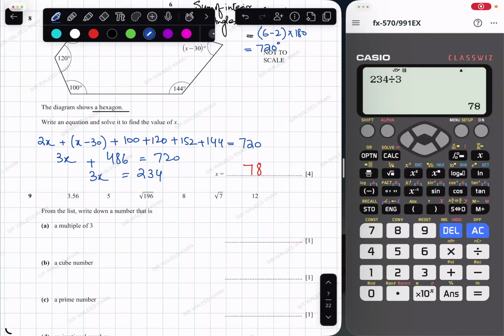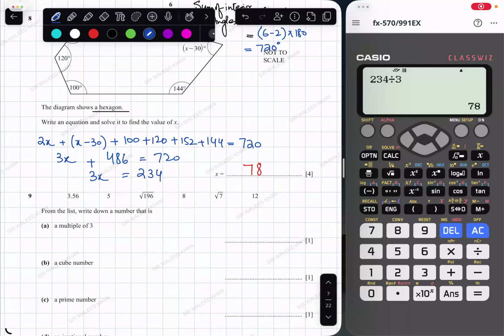From the list, write down, okay, attempt this one. From the list, write down a number that is a multiple of 3.